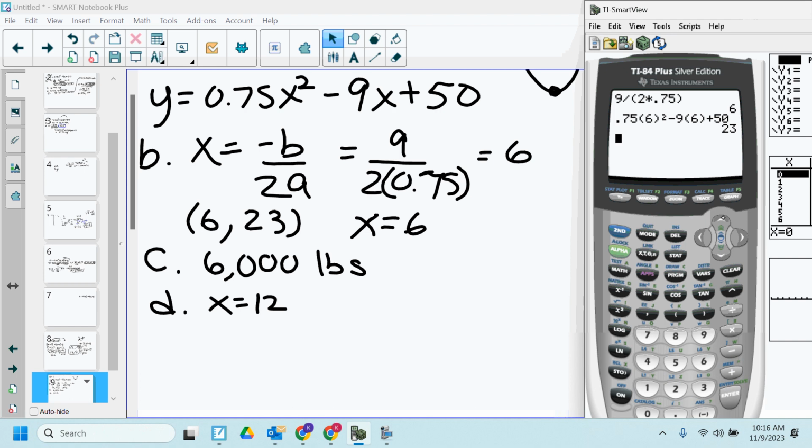Hit the up arrow a couple times to highlight that line, then hit enter. That is how you copy and paste it. Now you're going to replace 6 with what number? 12. There you go. That can be a little shortcut for you.